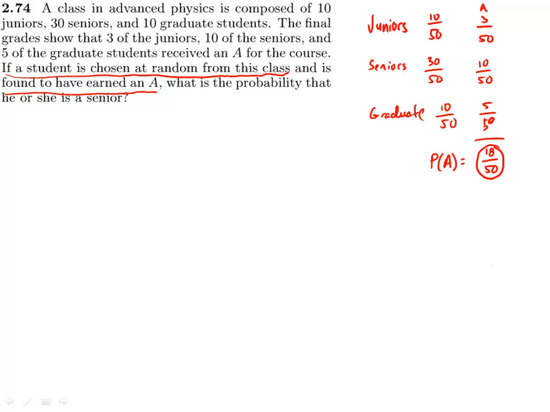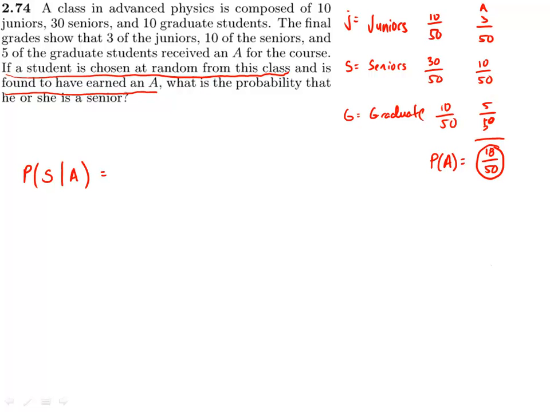Okay, so if a student is chosen at random from this class and is found to have earned an A, so you know that probability, what is the probability that he or she is a senior? So the probability that we are looking at is the probability of being a senior. This is S, this is J, and this is G. Given that you know that he or she obtained an A from the class.